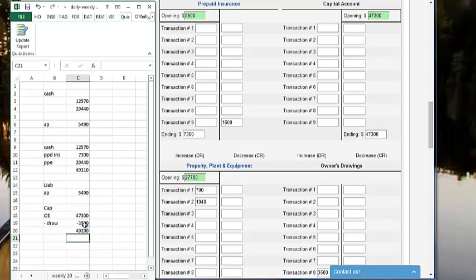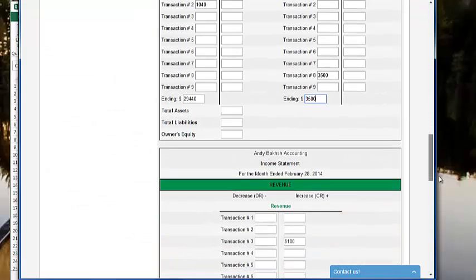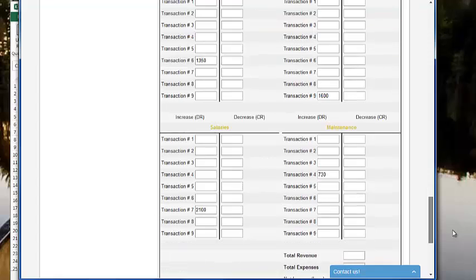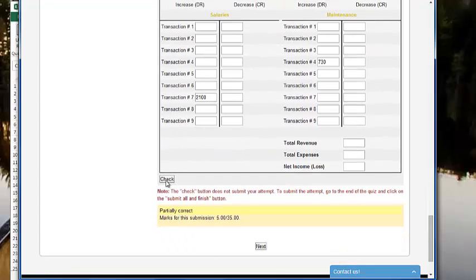Nope, I've got a mistake somewhere. Well, where is that mistake? Somewhere. Assets have to be equal to liabilities plus owner's equity. I have a $20 mistake somewhere. Well, where is it? Let's take a look at our check.